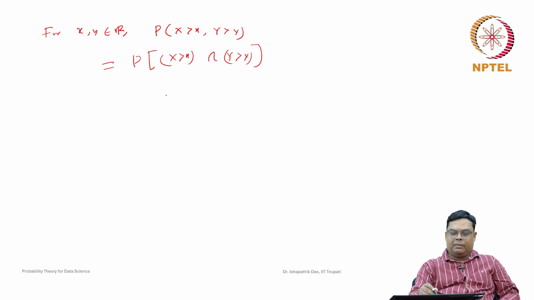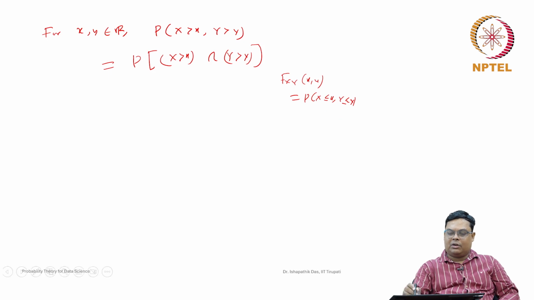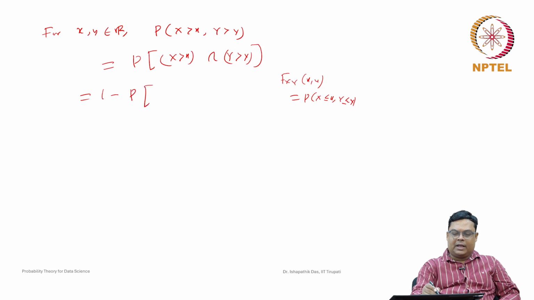Now, we know the probability in terms of F_XY of x, y, which is the probability that X less than or equal to x, Y less than or equal to y. So, it is better to find the complement of this, but we cannot just directly take the complement; we have to use some other result also. So, this is nothing but 1 minus the probability of X greater than x intersection Y greater than y, whole complement, where this is the whole event.